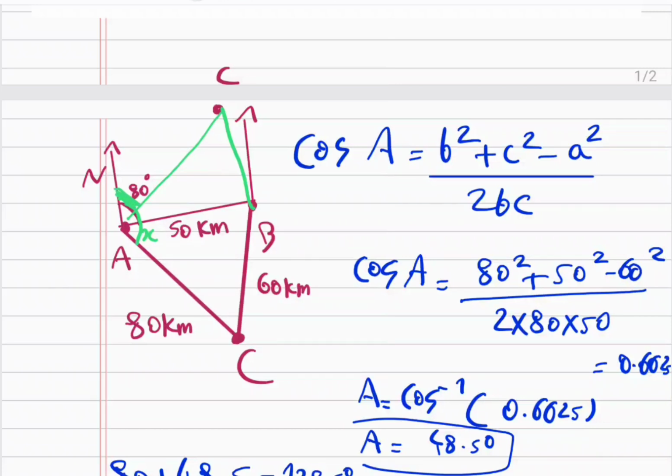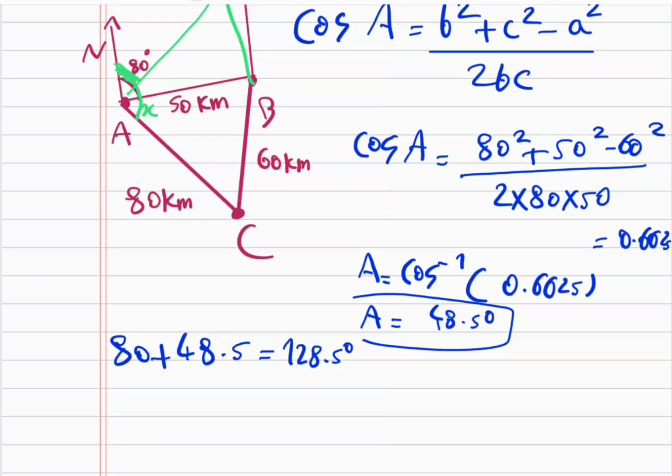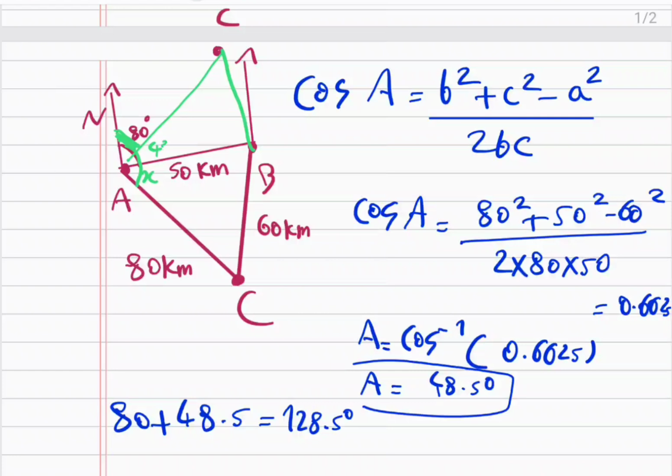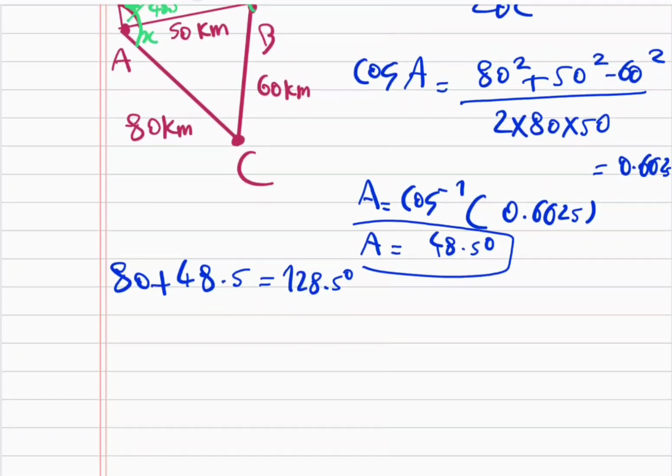So essentially we would use another cosine rule to find this angle here, which is by the way going to be equal to 48.5. Here is also 48.5. And then to find the bearing, this time we would just subtract that from 80.